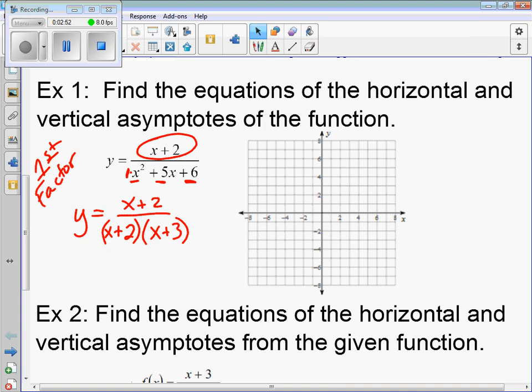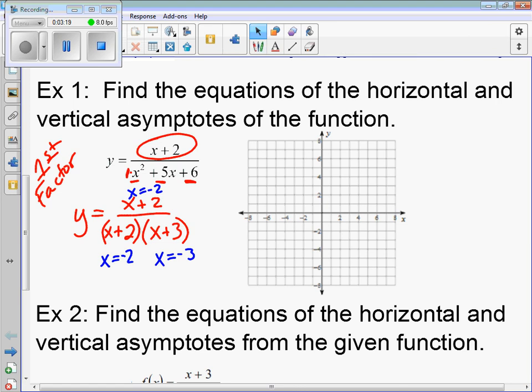So for vertical asymptotes, we have the zeros of the denominator. For x plus 2, the zero is negative 2. For x plus 3, the zero is x equals negative 3. We have to look at the numerator also. The zero for the numerator is x equals negative 2.